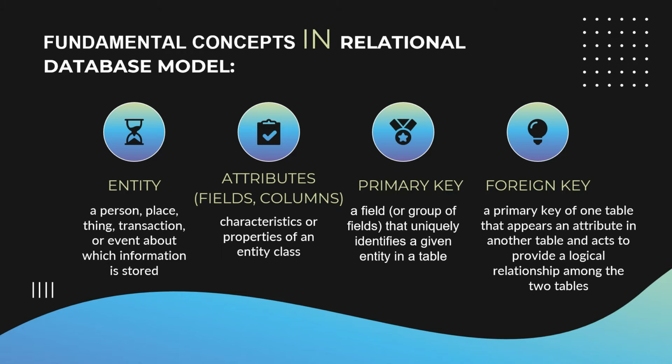It refers to the characteristics or properties of an entity class, like the columns in each table that contain the attributes. And third, primary key. It is a field or group of fields that uniquely identifies a given entity in a table. And lastly, foreign key, which is a primary key of one table that appears as an attribute in another table and acts to provide a logical relationship among the two tables.